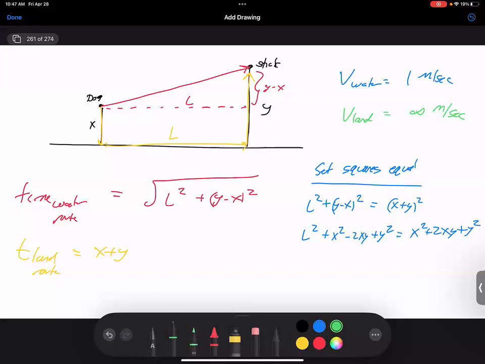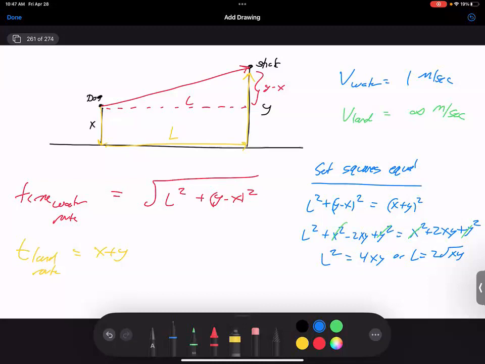The x squareds and the y squareds cancel, and we get L squared is 4xy, or L is 2 times the square root of xy. If we take that to be L, they're going to be equal. That's the critical threshold.